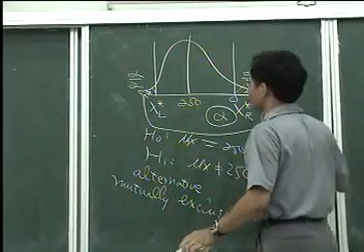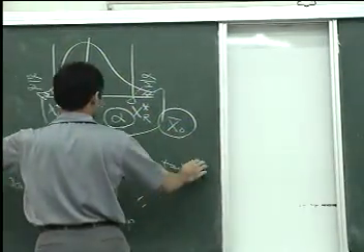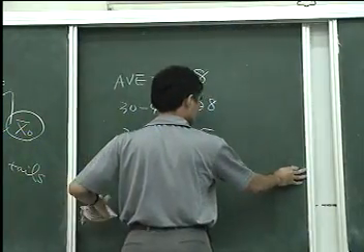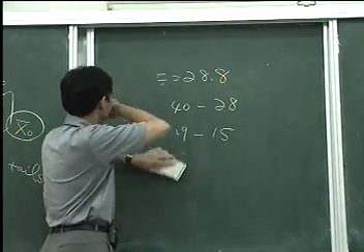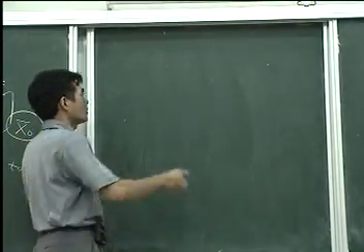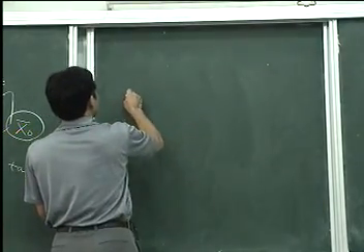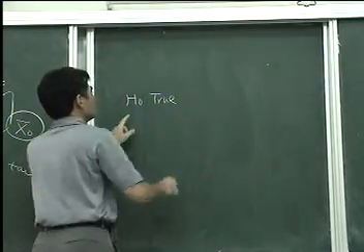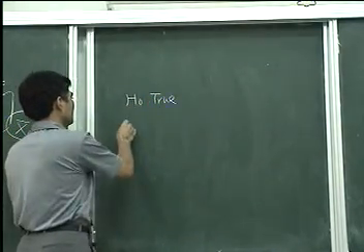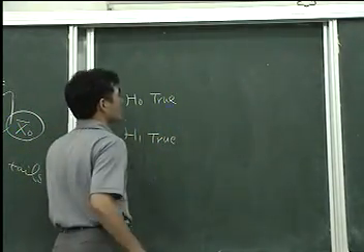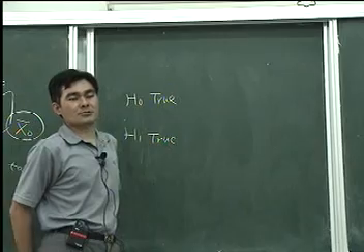Let me keep this part. So we have this may be true, and then this one may be true. And of course you have two actions, right?